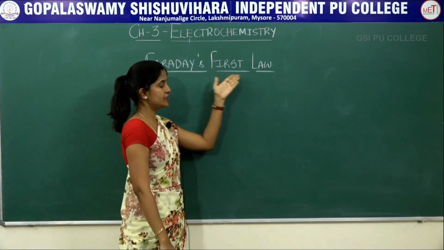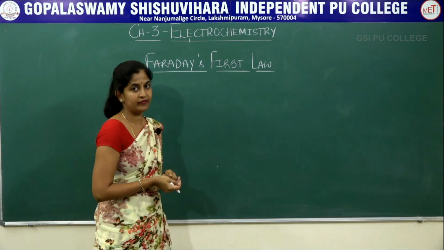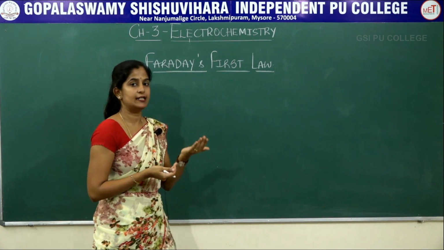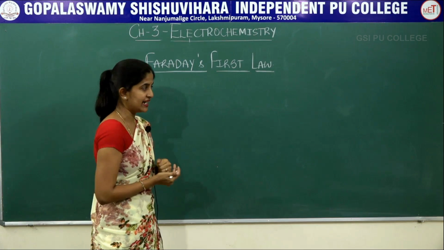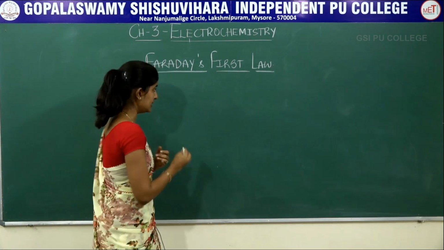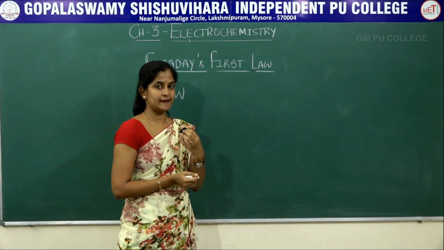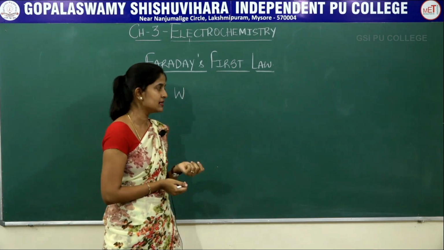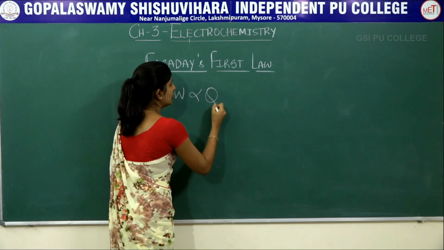So, Faraday's first law of electrolysis, what does it tell? It is purely a relationship between the mass of substance deposited versus the amount of charge that has flown through the electrolyte. So, Faraday's first law tells that the amount of substance liberated or deposited, that is W, where W means the mass of substance deposited or liberated if it is a gas, is directly proportional to Q. What is this Q?